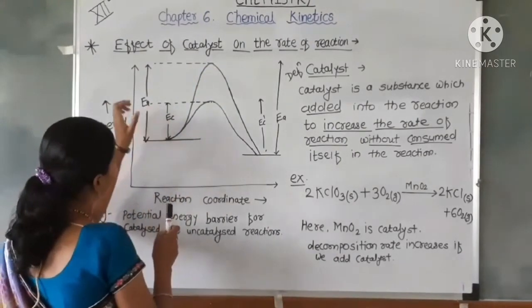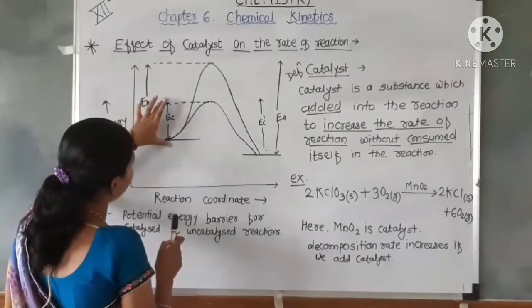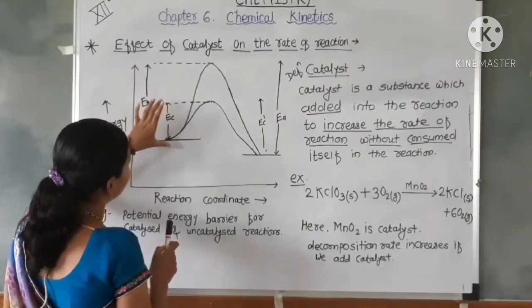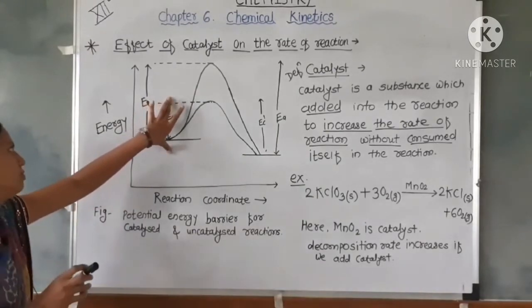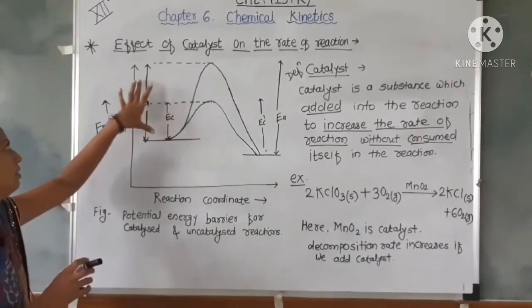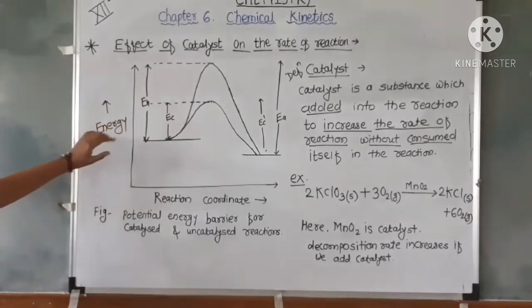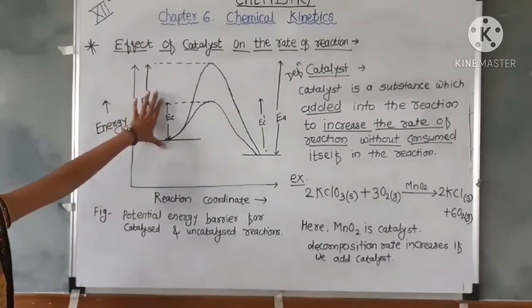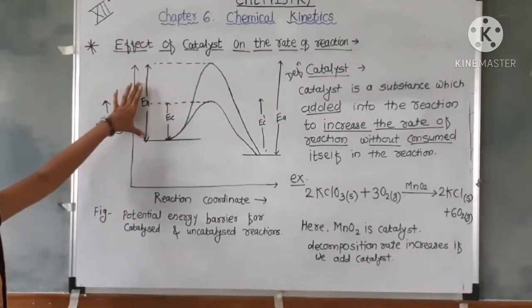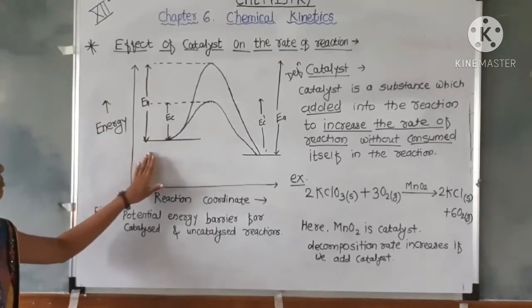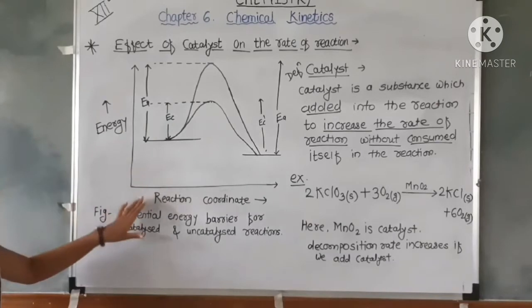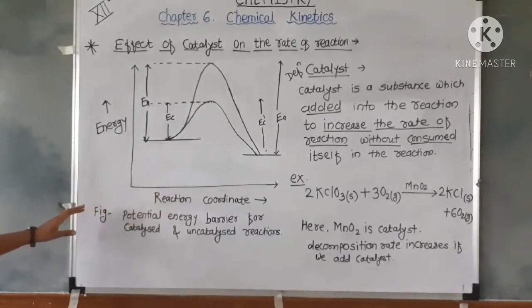That means EA is greater for the uncatalyzed reaction. The barrier for the catalyzed reaction is smaller than for the uncatalyzed reaction.